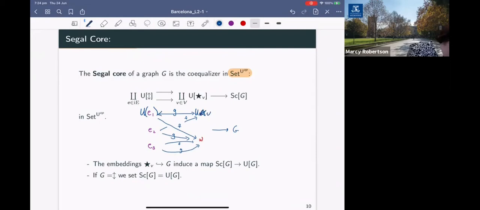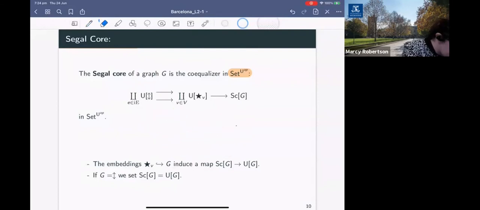So I'm going to make this really ugly. I guess we always have time. And so on, right? And this is what the Segal core is doing. And so I'm going to erase this hideous diagram because it's distracting. But you get the point.